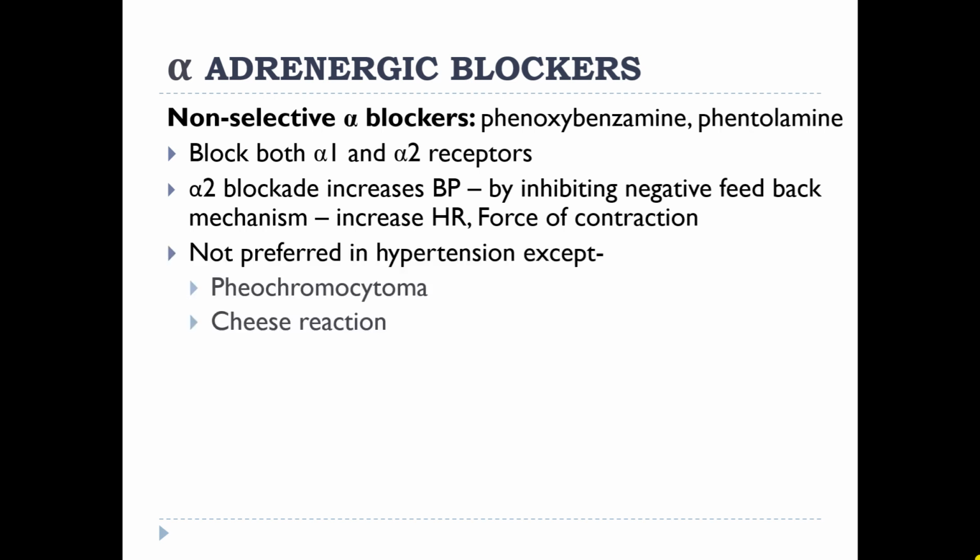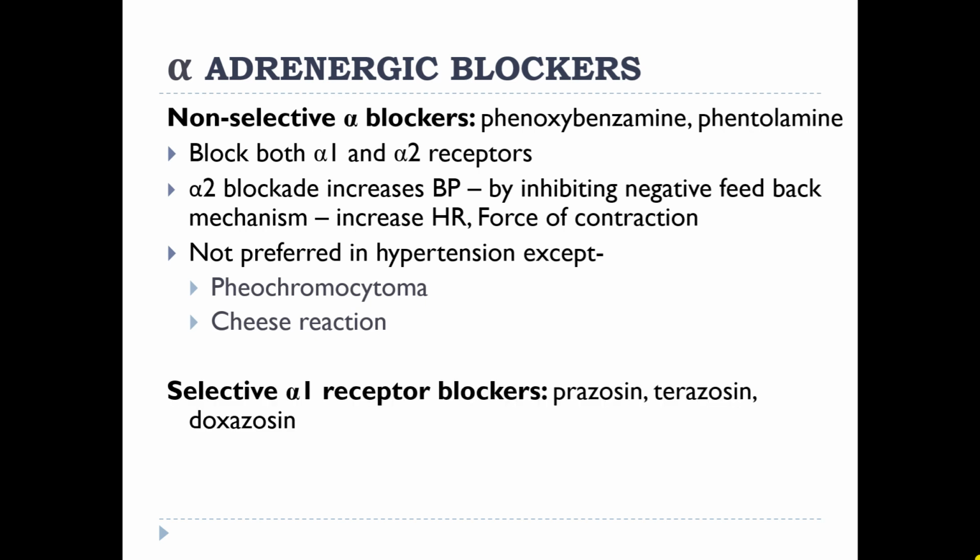That's why non-selective alpha blockers are not preferred in hypertension, except if hypertension is because of pheochromocytoma or the cheese reaction. Otherwise, they do not have any role in management of hypertension.